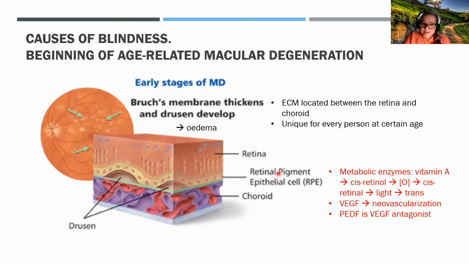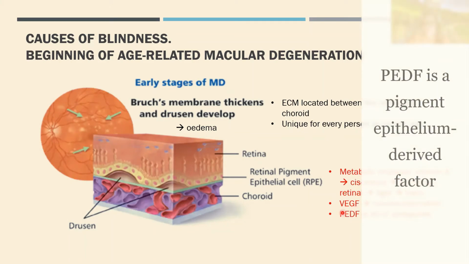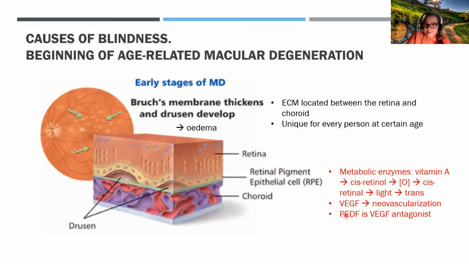So the retinal pigment epithelial cell layer is also very important because it contains metabolic enzymes, vascular endothelial growth factor, and platelet-derived growth factor. Sorry, it's my mistake. And this is an antagonist of vascular endothelial growth factor. There is a balance between the two and also other secreted factors.